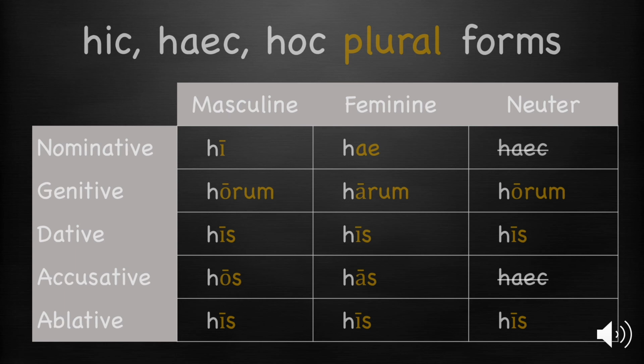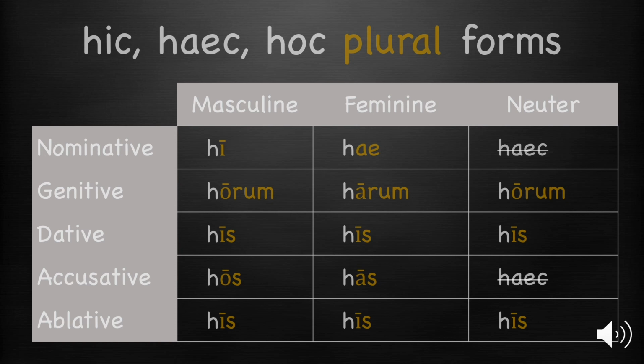But then when we consider the rest of the plural forms, we notice a very simple, clear pattern. We have our first and second declension endings. Second declension for the masculine, first declension for the feminine, and with the exception of our nominative and accusative forms, again, second declension for the neuter. So, you can see that you have the first and second declension plural endings with an H in front everywhere except the neuter, nominative, and accusative forms.